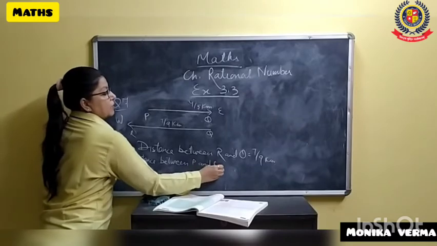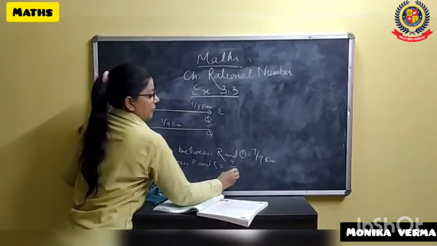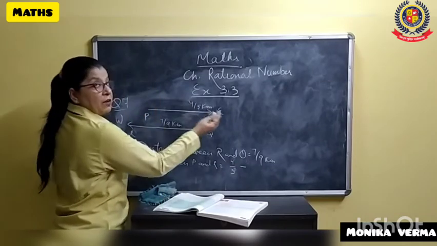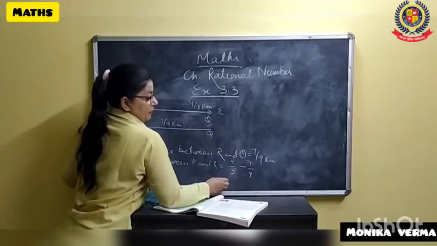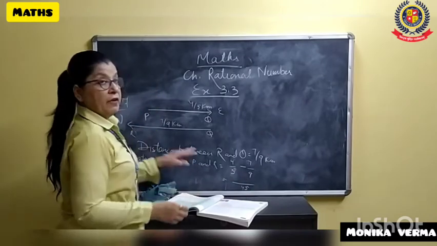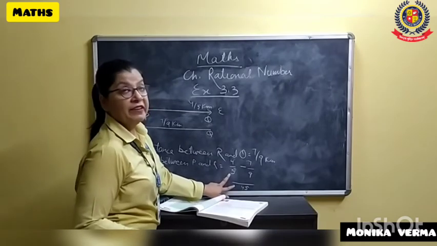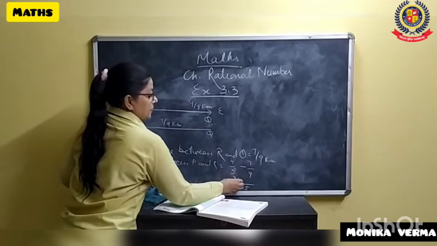Let's find that. So when we are moving right, we will write plus 4 by 5, minus, when we are moving the opposite direction, we will write minus 7 by 9. We will take LCM of 9 and 5, 45. We will divide the denominator. 45 divided by 5 is 9. 9 4s are 36.